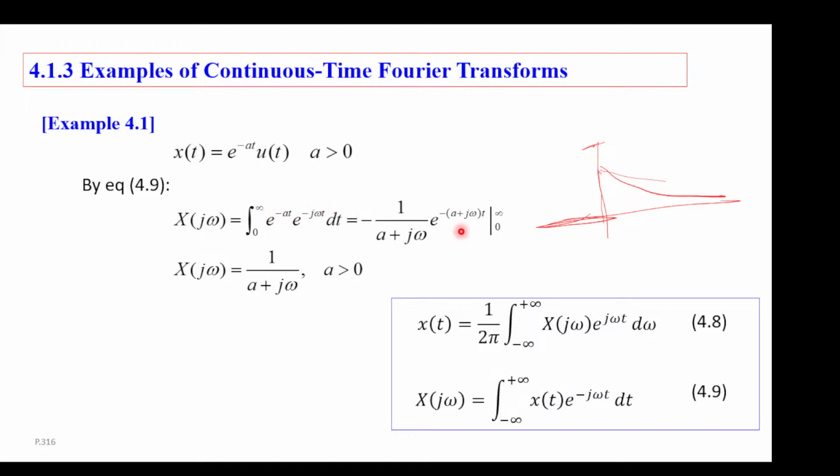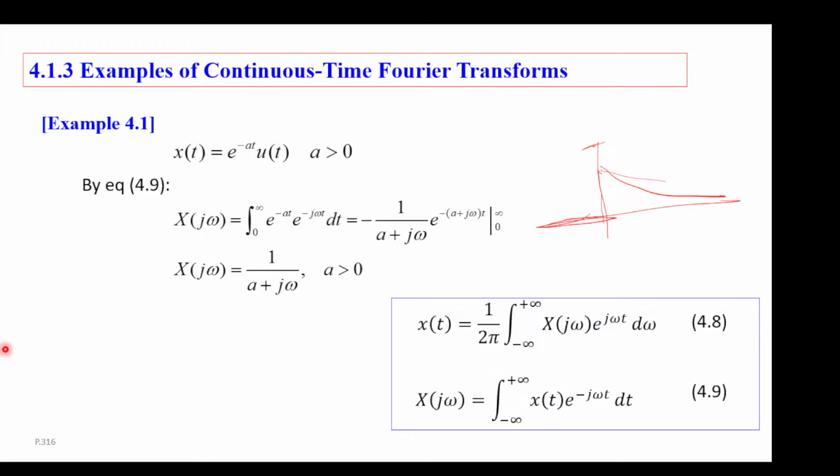And then it's just standard calculus here. So e to the minus (a plus j omega) t. Integrating this exponential, you have 1 over the coefficient, so minus 1 over a plus j omega, with the boundaries infinity and 0.